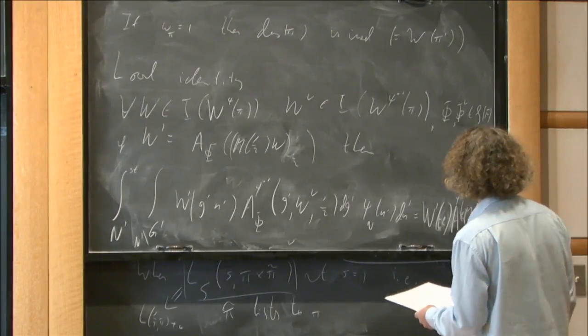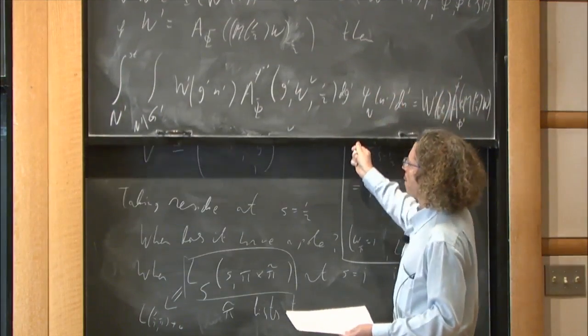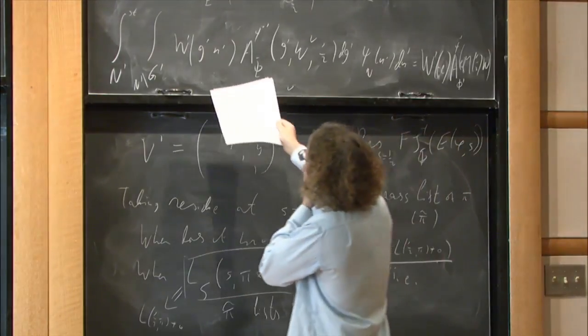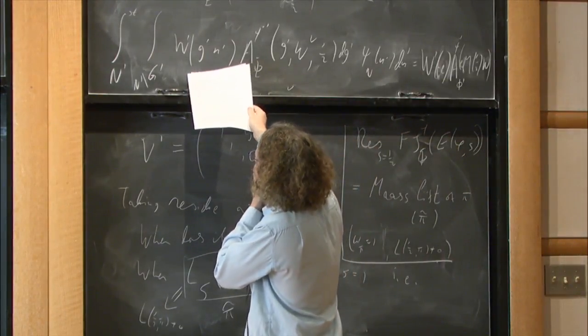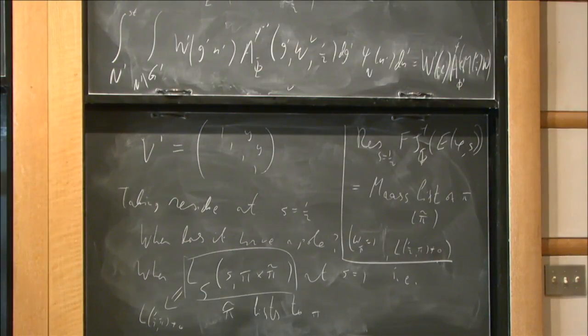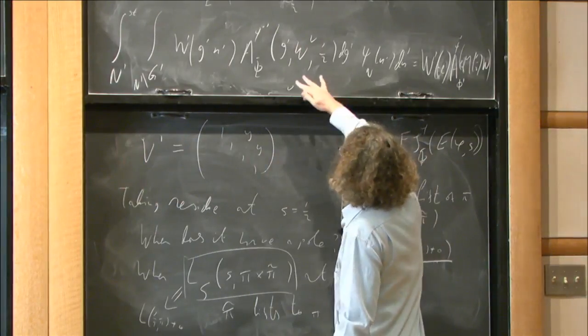The identity, I'm sorry that it becomes a little invisible. So again, where did it come from? Well, remember we had something like pi tilde of this n, phi, or now it will be like phi prime. That was the right-hand side in the Waldspurger formula.